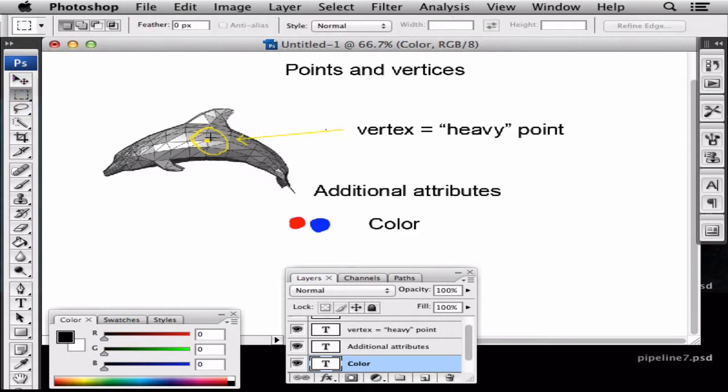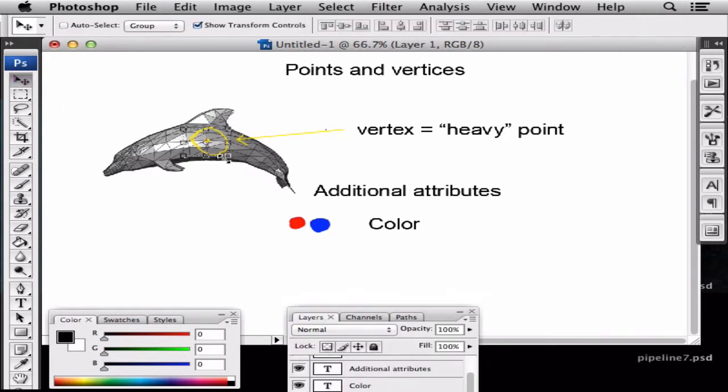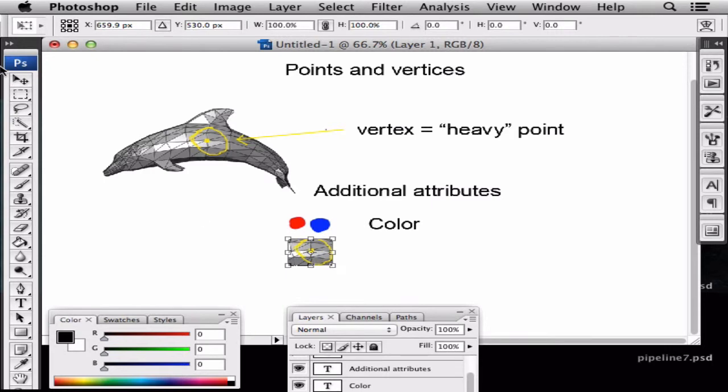The second one could be a normal vector.